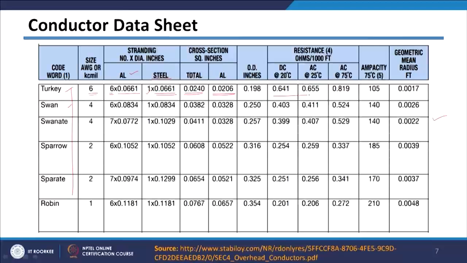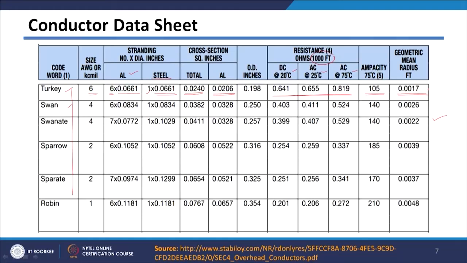Then this gives me resistance values of this conductor at different temperatures for 1000 feet. So, we can easily calculate for 1 kilometer at various temperatures of the conductor. Then this gives ampacity of the conductor, and this gives you geometric mean radius of that particular conductor.